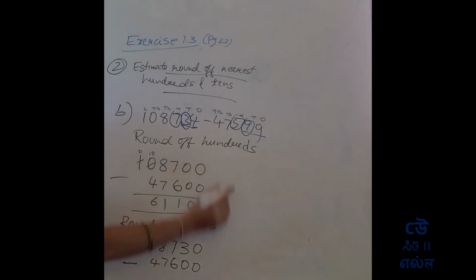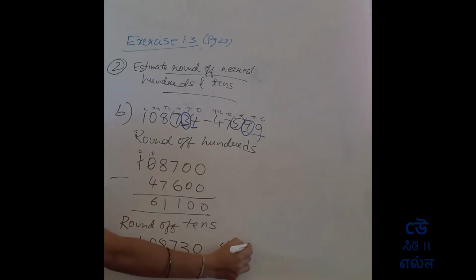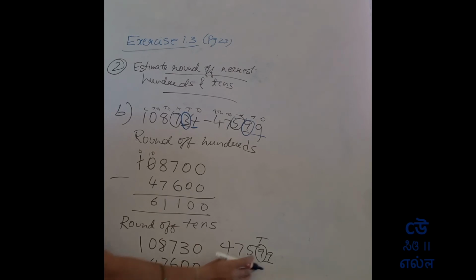Understood, children? This 47599, when we round off, we have 9. 9 is greater than 5, so we have to increase this 9. If we increase 9, what it will become? 10. So 10. Here 5 plus 1 is 6, then 7, then 4.